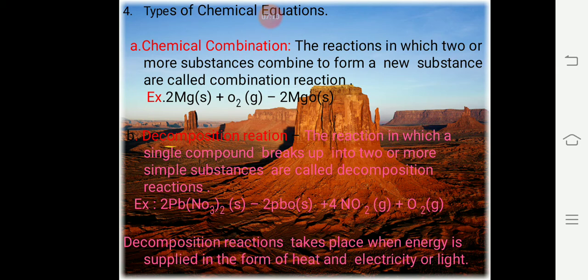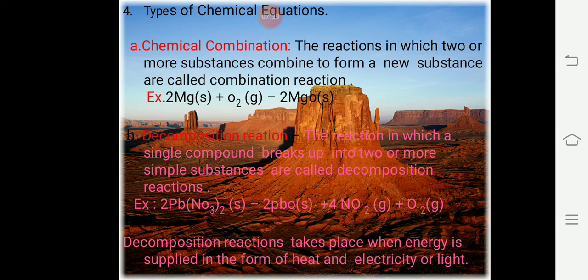Next one, decomposition. Decomposition means breaks up. Which compound breaks up? One single compound breaks up and gives two or more substances. It is called the decomposition reaction. The reaction in which a single compound breaks up into two or more simple substances is called the decomposition reaction.